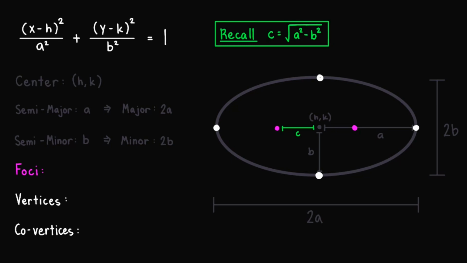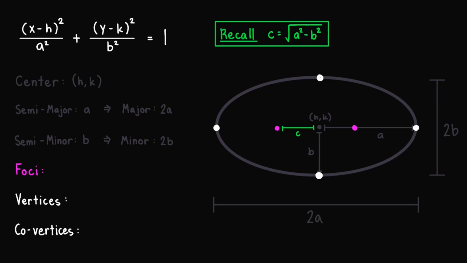You may check out a previous video deriving the focal distance of an ellipse. And as you can see, c equals the square root of a squared minus b squared. Both a and b are obtainable from the equation of an ellipse, so we can obtain the value c from the equation. Using this, we can now obtain this focus and this focus out here.